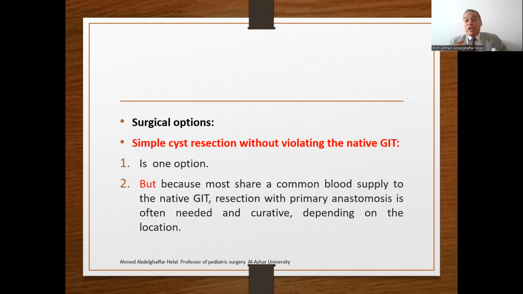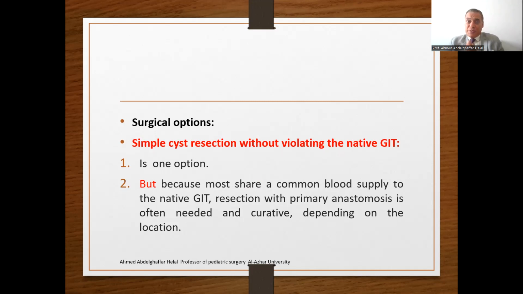The surgical options in general, and we will speak about it in detail related to each part. Simple cyst resection is one option, but because most share a common blood supply with the native gastrointestinal tract, resection with primary anastomosis is often needed and curative depending on the location.